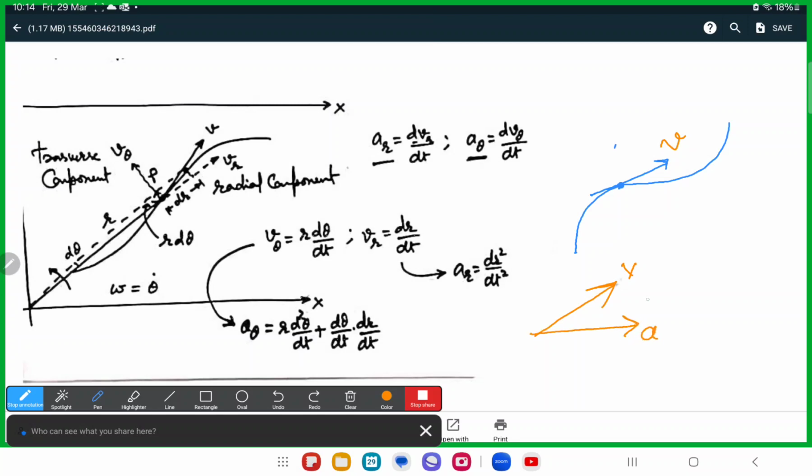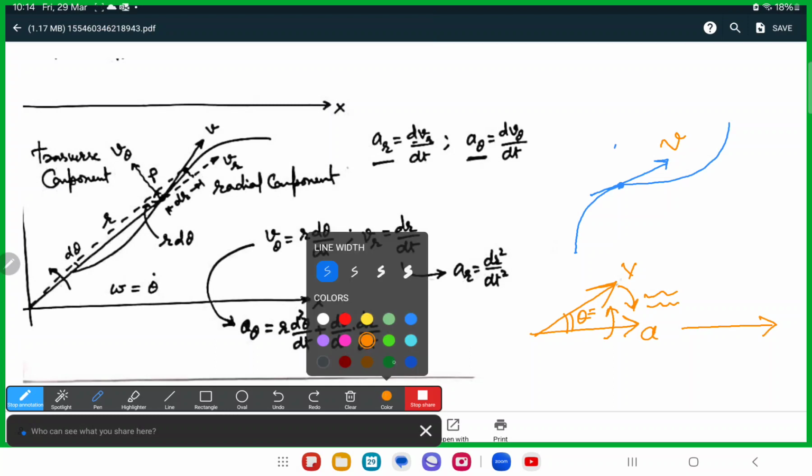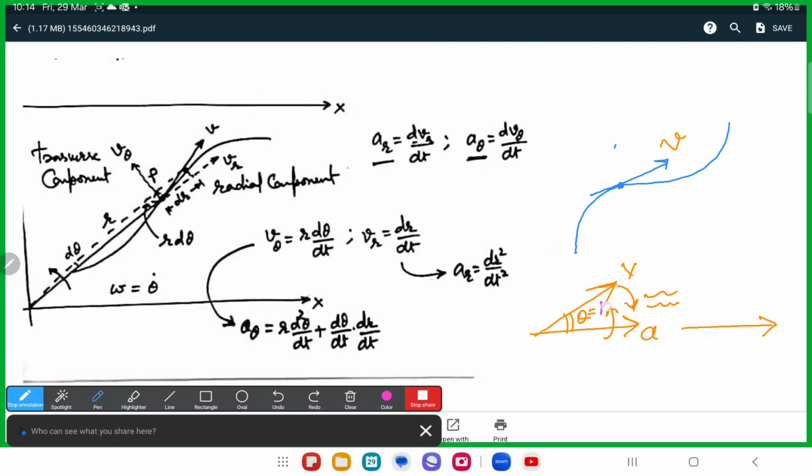Clear? If I would like to draw the next situation, always remember which vector will move towards which: the velocity vector moves towards the acceleration vector. So next situation most probably, let's say this angle theta is, let's say, 15 degrees.